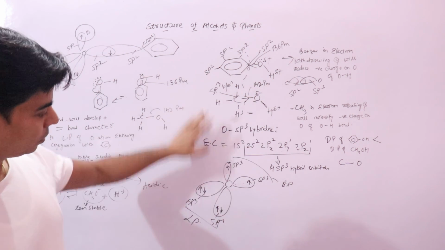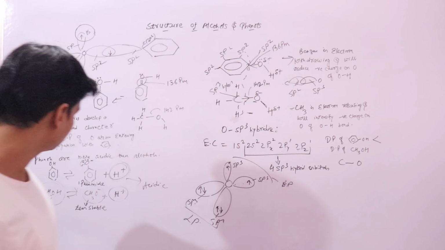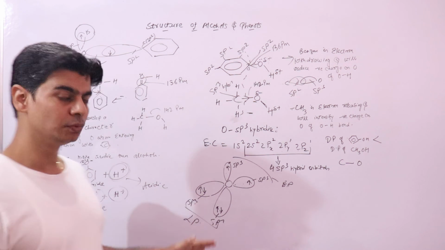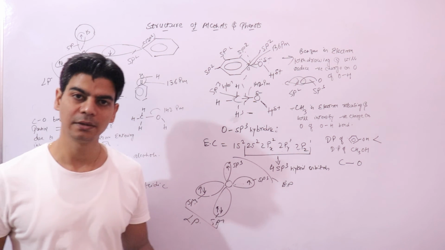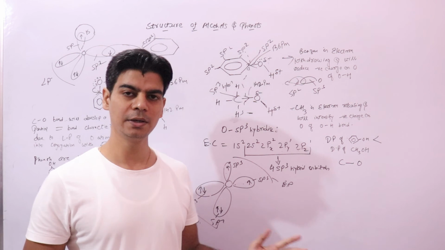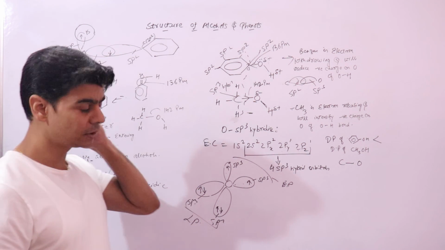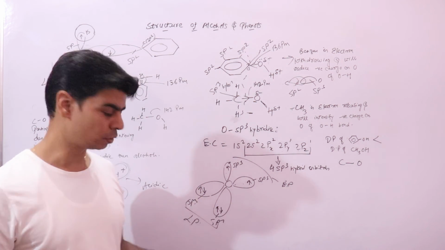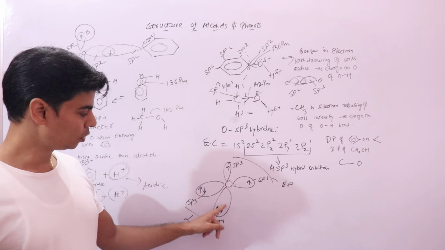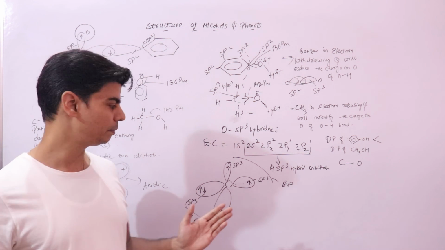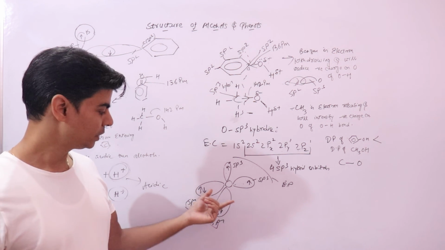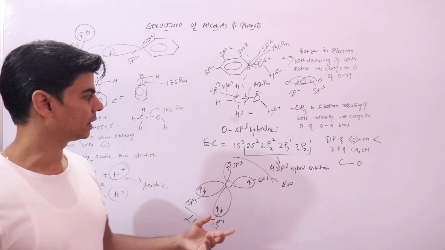So due to these lone pairs of electrons, the bond angle will reduce from the normal tetrahedral angle to 105 degrees in your alcohols and phenols. The bond angle reduces because of lone pair repulsion. Lone pair repulsion is maximum, so it reduces the normal tetrahedral angle.